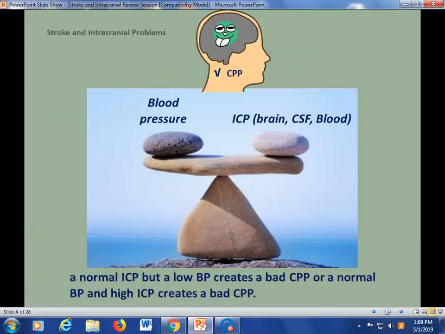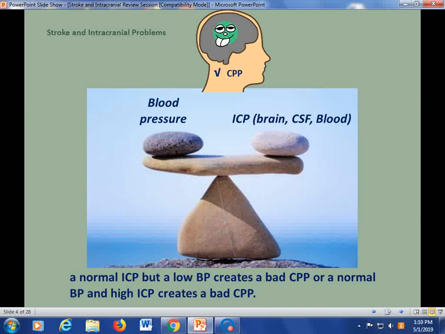How is this helpful? Well, what you have to relate is that your patient's perfusion is going to greatly determine or be dependent on their blood pressure and their intracranial pressure. Because if you have a normal intracranial pressure but a very low blood pressure, that's going to create a bad brain perfusion.